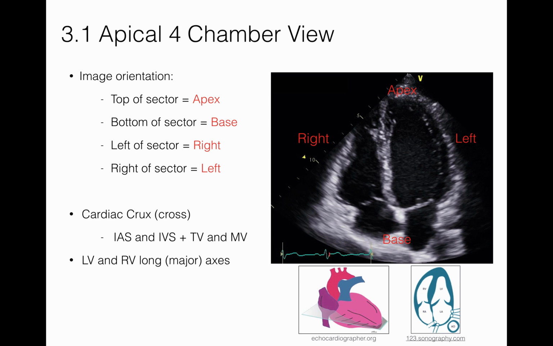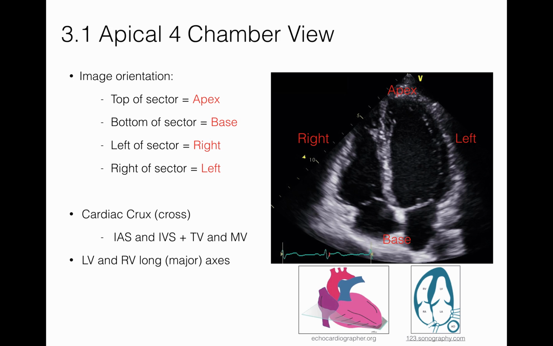By convention, the ventricles appear at the top of the sector and the atria at the bottom. So, inferior structures are shown at the top and superior structures at the bottom. Left-sided structures are displayed on the right, and right-sided structures displayed on the left.